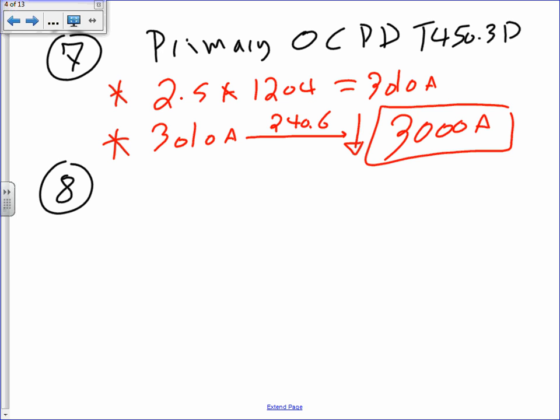Number 8. Secondary overcurrent protection device for number 8. Any question guys about the primary overcurrent protection device? So I have a 3000 amp fuse or circuit breaker, it doesn't matter.